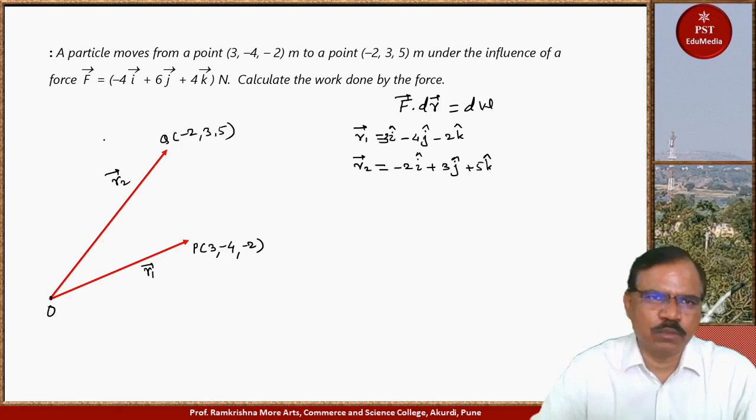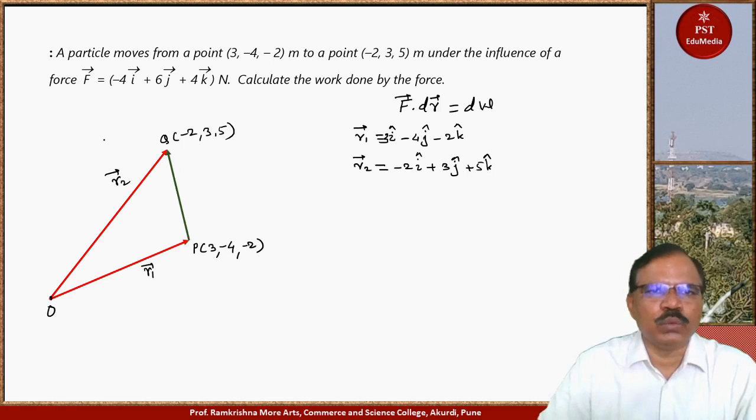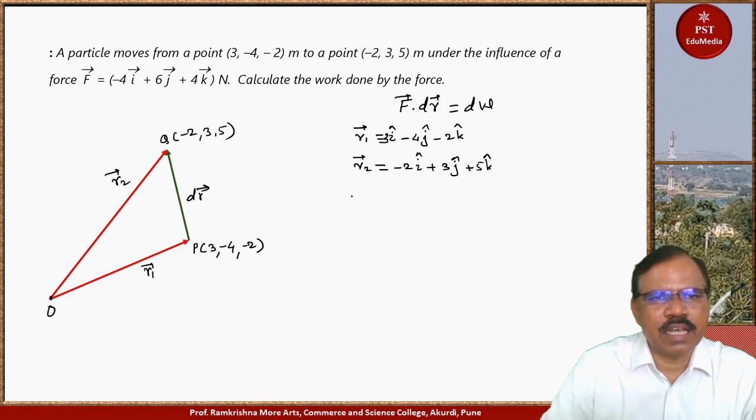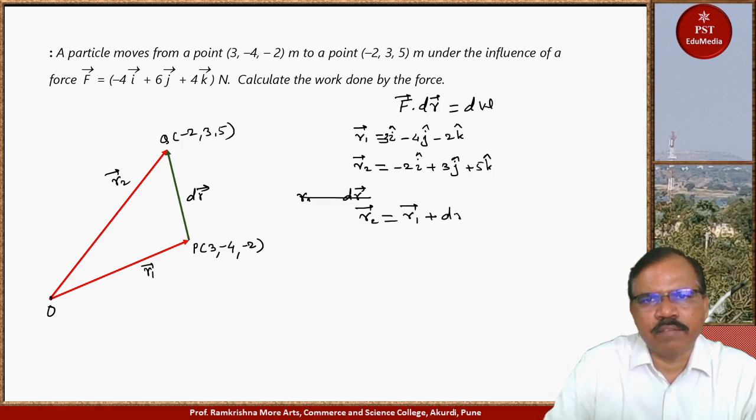The particle moves from point 3, minus 4, minus 2 to point minus 2, 3, 5. So the particle is moving from P to Q, in this direction. Let us take this as displacement dr. If we use the parallelogram method, R2 is equal to vector R1 plus vector dr. So dr is R2 vector minus R1 vector.